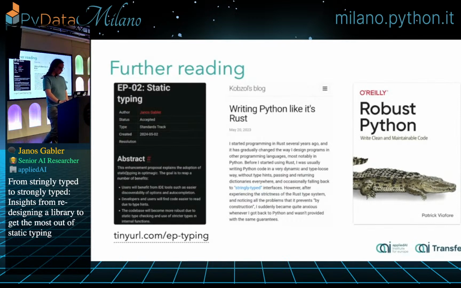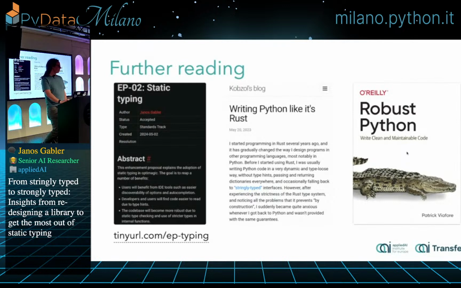And this also has all the other resources listed in the beginning. But I want to highlight two of them. That's a blog post called Writing Python Like It's Rust. If you only have 20 minutes and don't want to read anything else on that, read that blog post carefully. It's really, really good. It is what got me started on this topic.